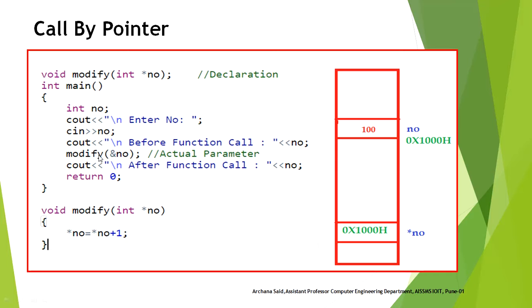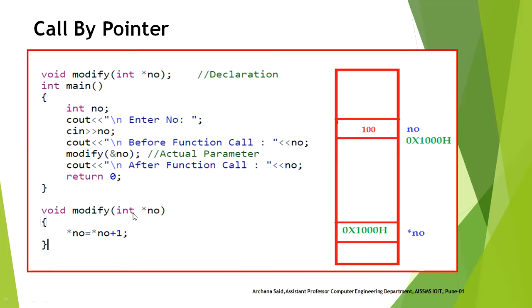The function is called by using the address operator, because in the function definition we have used call by pointer. Whenever we call a function by call by pointer, we need to pass its address, and to hold the addresses, pointer variables are used. So here, if I say &no, I need to use a pointer variable in the modify function. This no is a pointer variable, and pointer variables always hold the addresses of normal variables.